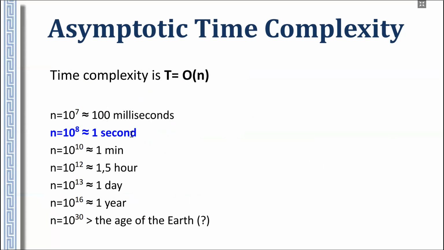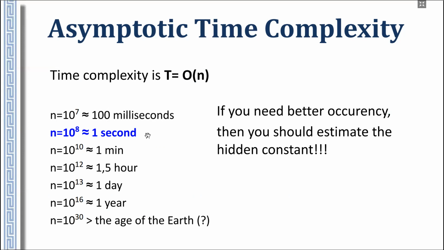And when we talk about time complexity, we can estimate approximately the size of the value of this function. So if n is about 10 to the 8, then we say that the running time is about 1 second. This table is about asymptotic time.